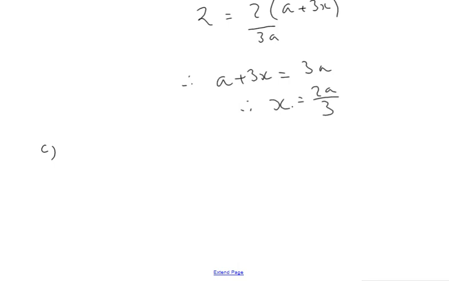So if I just redraw that particular bit of the diagram, I've got a force of N going vertically. We know that it's 2mg horizontally, and of course there's mg and 3mg coming down.